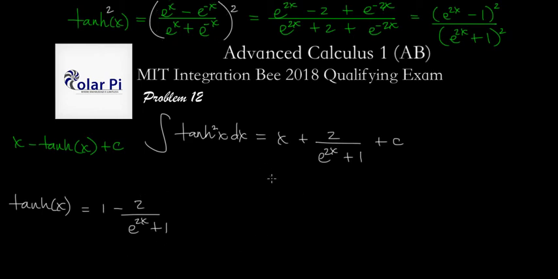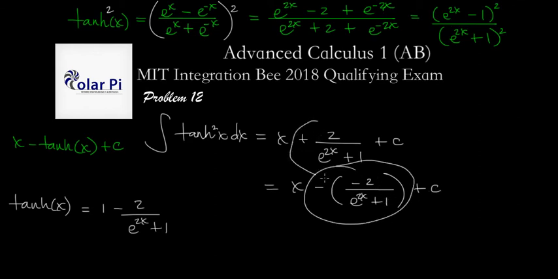So then that means that my answer, this here, can be written as x minus negative 2 divided by e to the 2x plus 1. And so this here is just a mere rewriting of that.